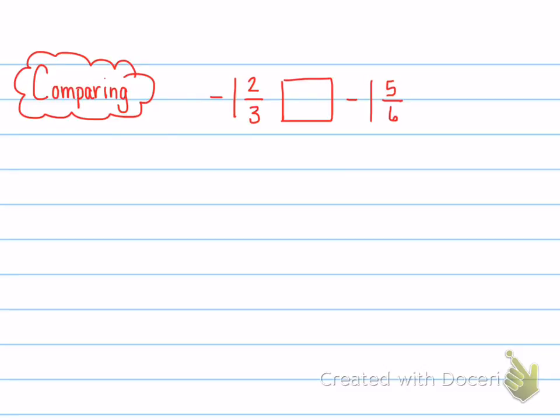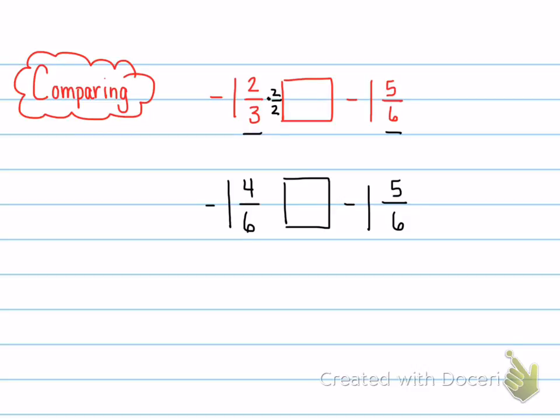I'm looking at 3 and 6 as my denominators. So my common denominator is 6 for both of them. This one is already 6, so I'm going to leave it. And then I'm going to multiply the 2/3 by 2 over 2 and make it negative 1 and 4/6.